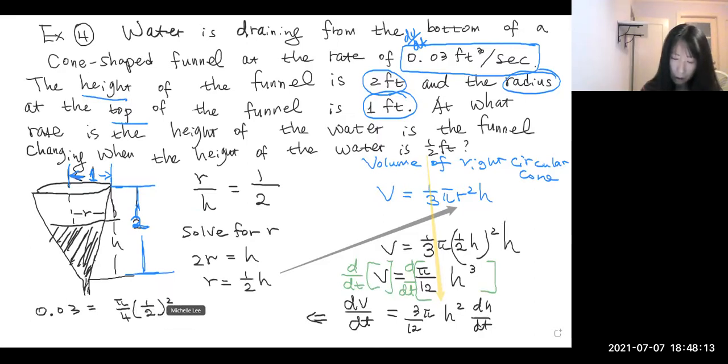Then dh over dt. So squared is 4, so pi over 16, right? So we do pi over 16. So 16 over pi times 16 over pi. Then we get dh over dt. So what do you get from this one? Can you please calculate?